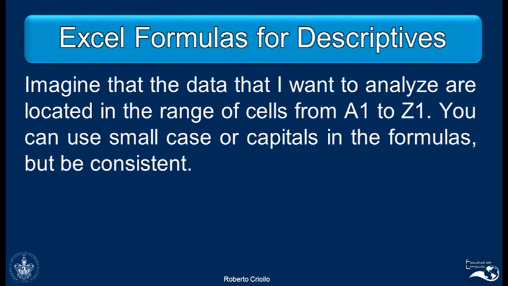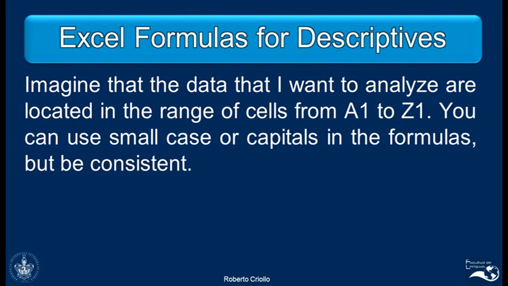But depending on your data, you will choose a different range of cells based on the cells that you want to analyze. Okay? Now the second point is that you can use small case or capitals in the formulas as long as you are consistent. That means that if you use capitals, you have to use capitals all over, and if you use small case, you have to use small case all over the formula as well.